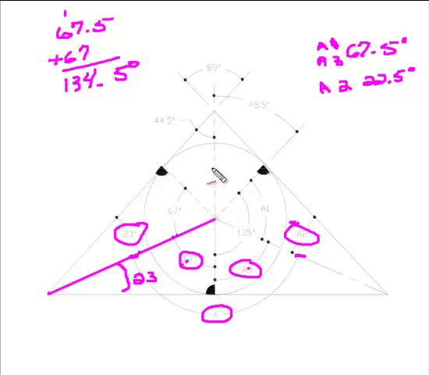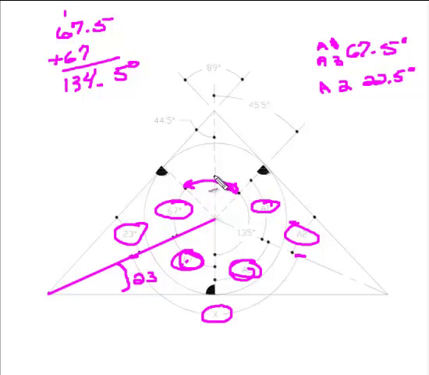Now, would you be able to solve for this distance here if you wanted to? Why not? You could take this 67 degrees here, this 67 degrees here, this 67.5 here and this 67.5 degrees here, or you could take the 135 degrees and add it to the 67 and the 67, and that would tell you what the remaining distance is from here to here, if you ever needed to know that.